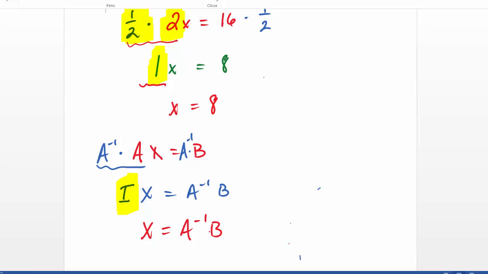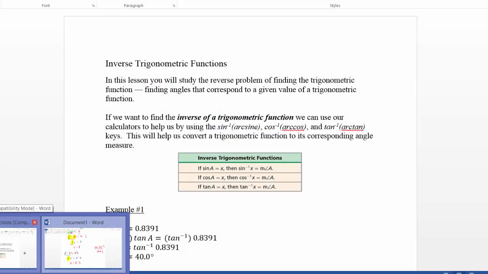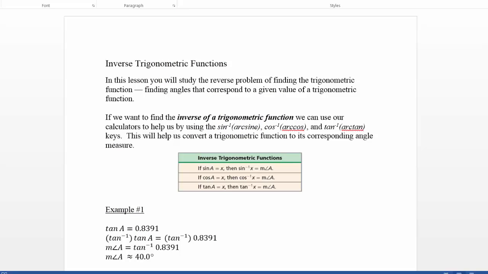Well, we're now going to use that same concept, the idea that each trig function has an inverse. If we use that inverse, that creates the identity, or it eliminates it altogether. It's kind of like a 1, so they cancel each other out. So if we go back to the notes, you can see here we have a little table of inverse functions.